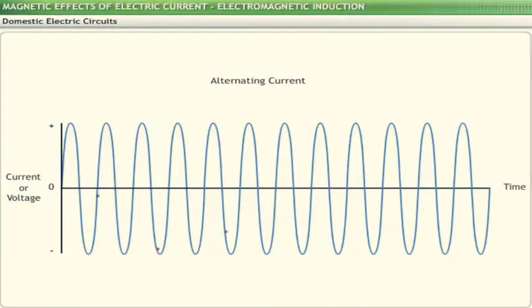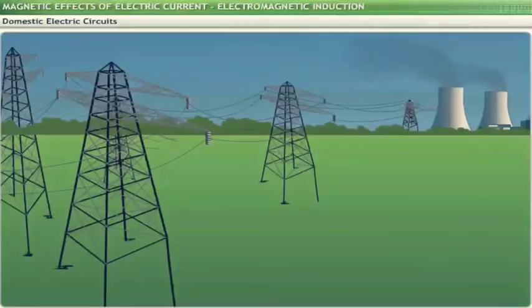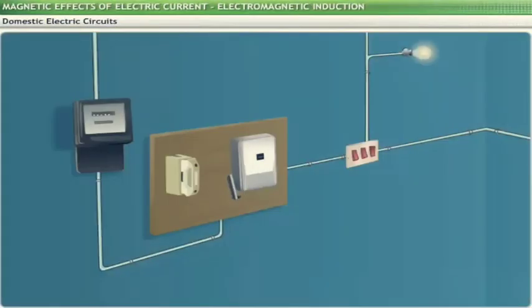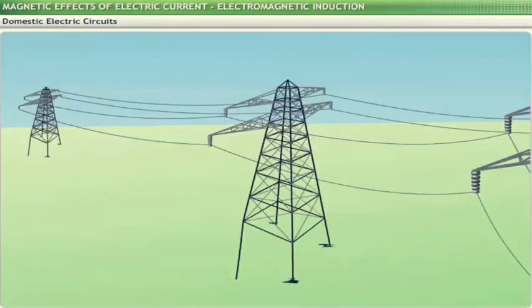Most of the power plants in the world produce high-frequency alternating current that is supplied to industrial and household consumers through power grids. Electrical components and wires fitted in a household to supply electricity to various appliances form a domestic electric circuit.